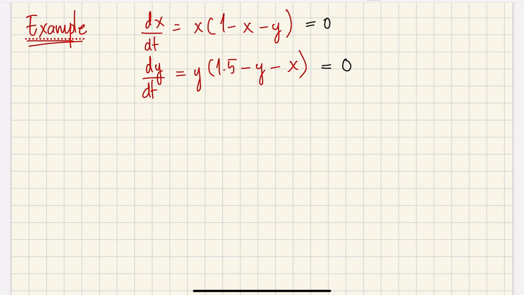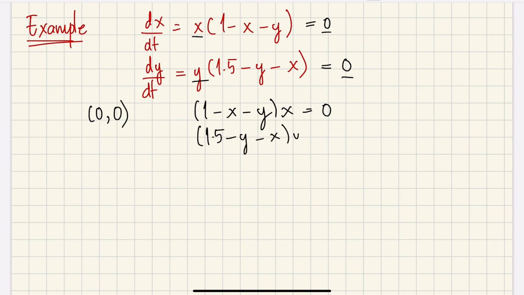Now you can see that 0, 0 is a critical point because x equals 0 from here and y equals 0 from here. Now if we solve (1 minus x minus y) times x is equal to 0 and (1.5 minus y minus x) times y is equal to 0, if we do this together, you'll find the other two critical points.